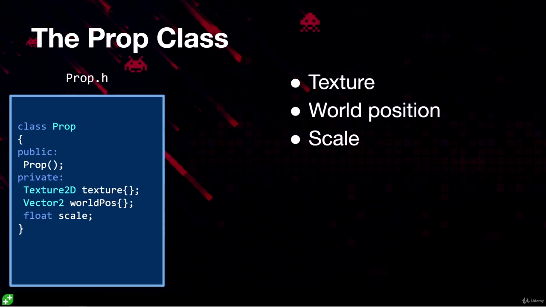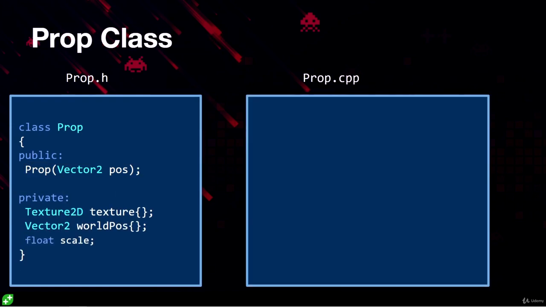We're also going to talk about how we can take input parameters for the constructor and use those to initialize member variables. Let's say our prop takes a Vector2 called pos, and here is our Prop constructor. Now in the character class, we perform some calculations and use the assignment operator to give the character's screenPos variable a value in the constructor.